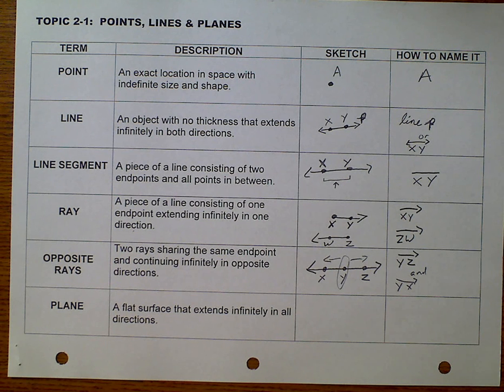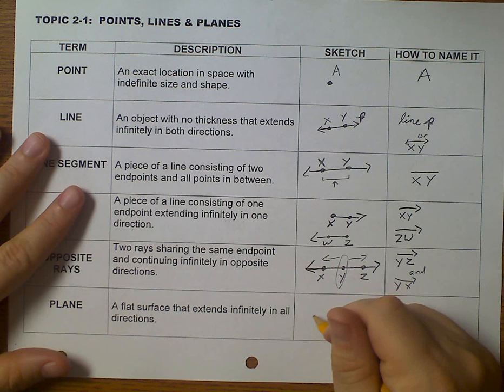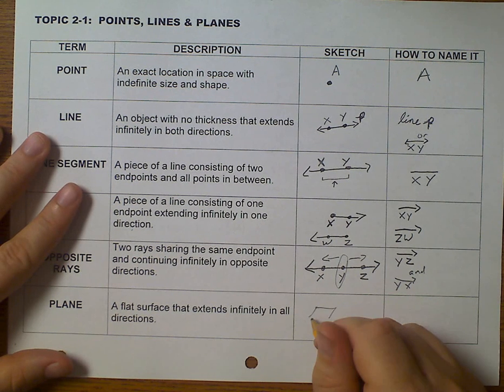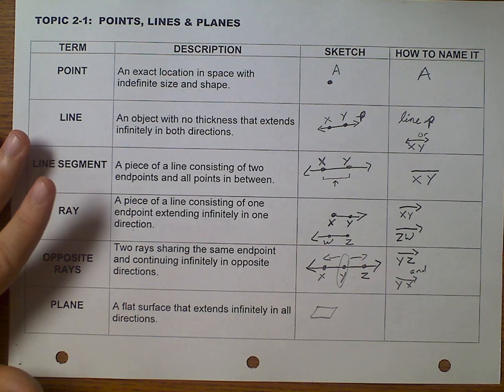So that was lines, which points make up lines, and lines are one-dimensional. Well, now we're talking about planes, and planes are two-dimensional. It's a flat surface that goes infinitely in all directions. Usually we draw little quadrilaterals.